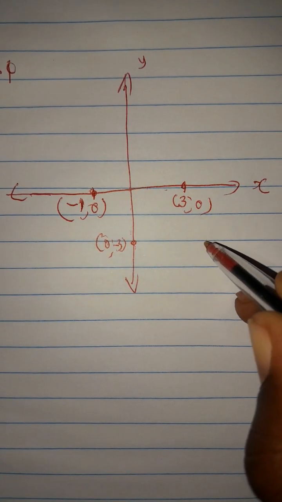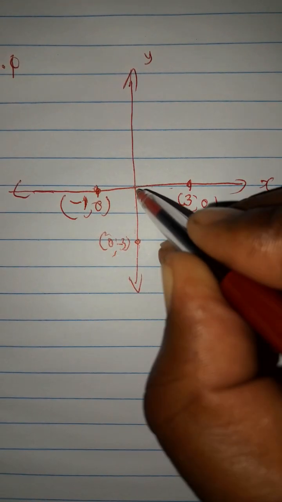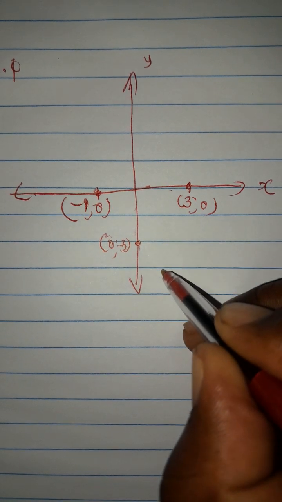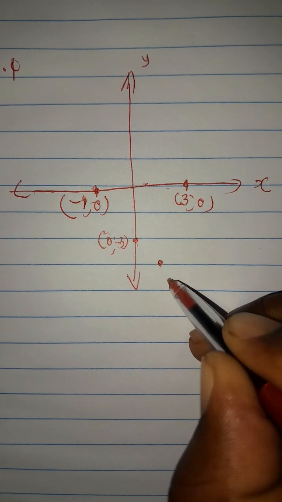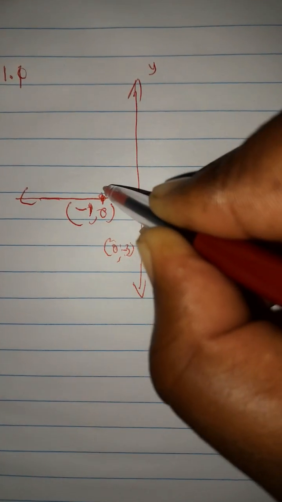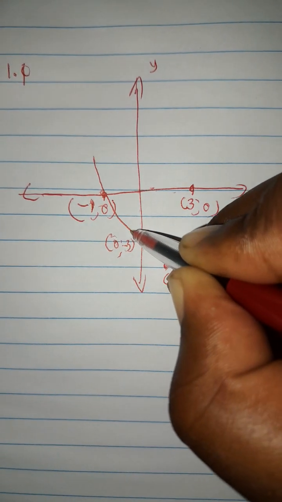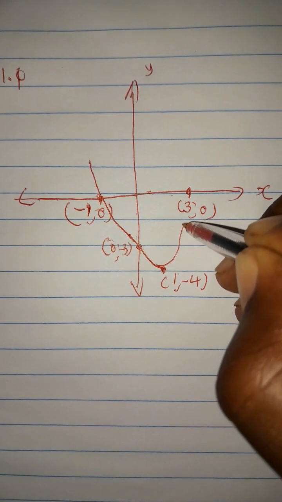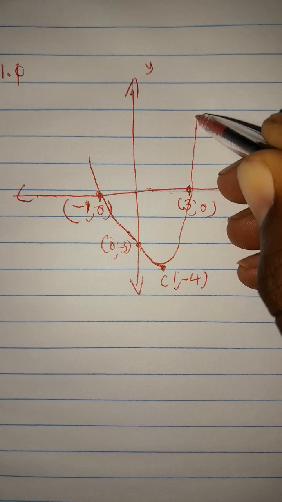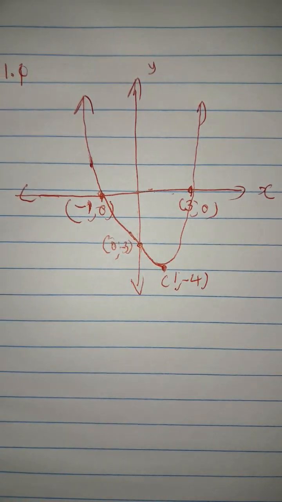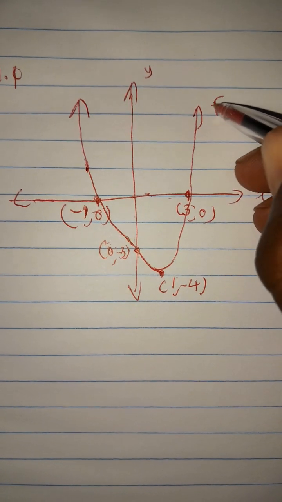Then we also had the turning point, which was 1 and -4. So that's supposed to be here, 1 and -4. So let's sketch our graph. Okay, that's the graph of f.